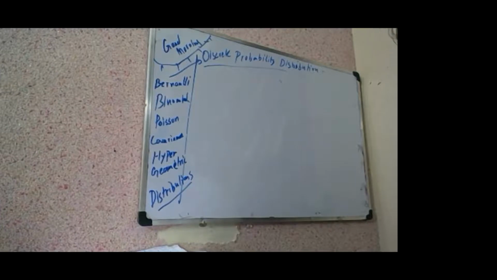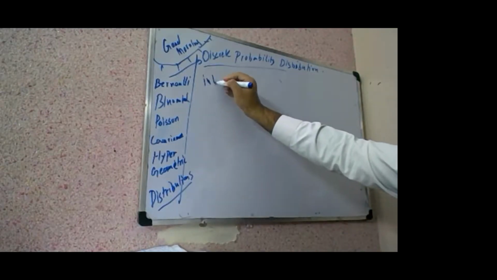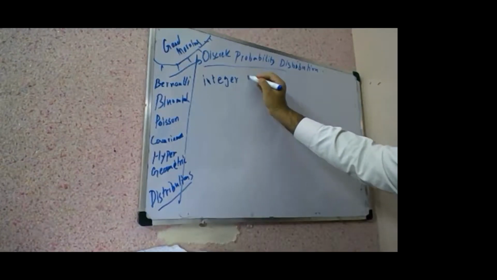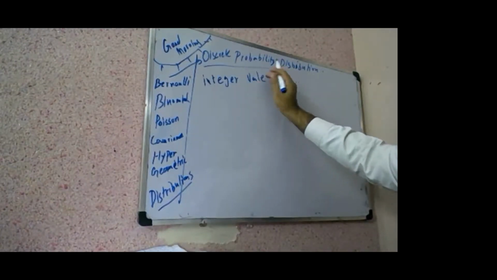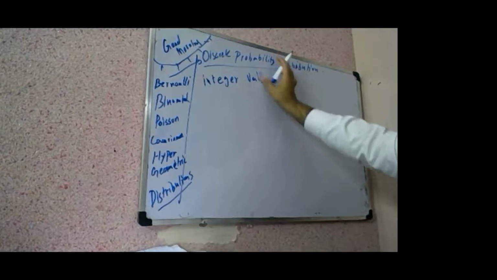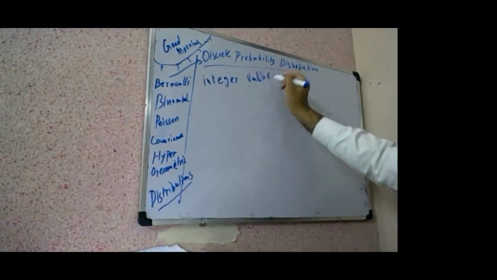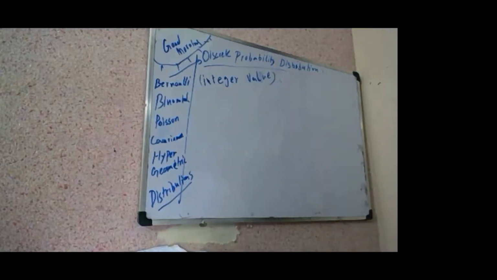All these are examples of discrete variables where you have a whole number, like an integer. When you are dealing with integer values, then we call it discrete probability. Integer values means 1, 2, 3, 4.